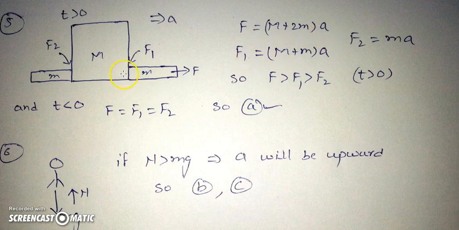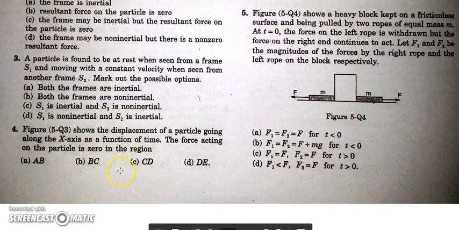F1 will be accelerating this rear portion which has mass m and small m, and F2 is the cause of acceleration of this rope only, so that will be small m a. So obviously F1 is greater than F2 and F is also greater than F1. So this will be the expression for t greater than 0. So A is the only correct option we have.